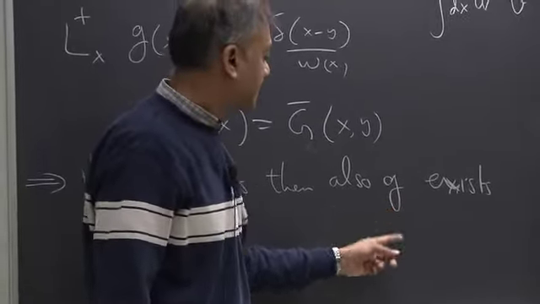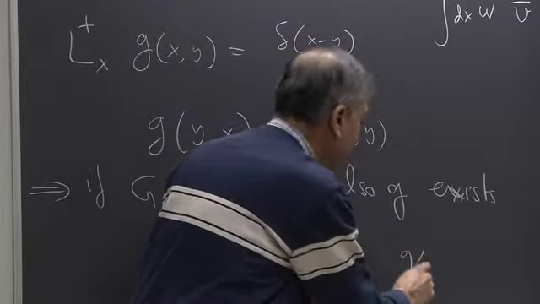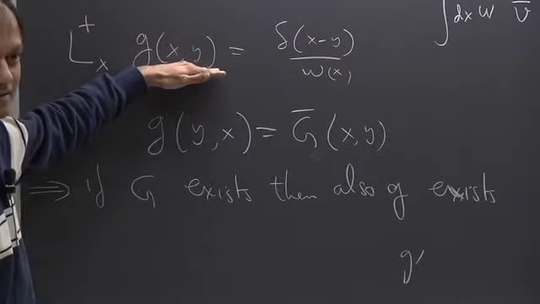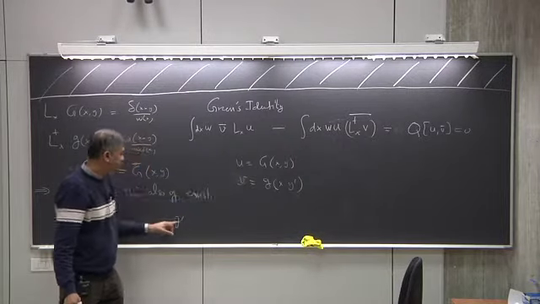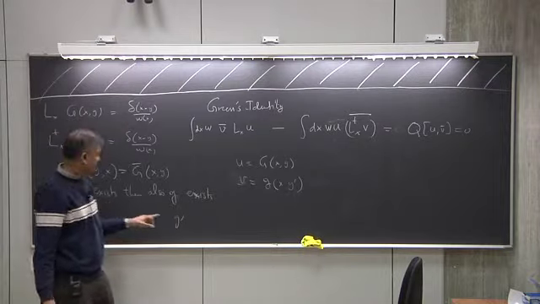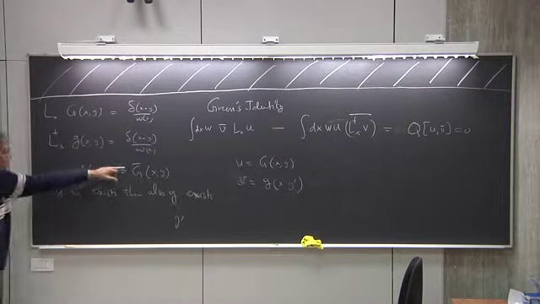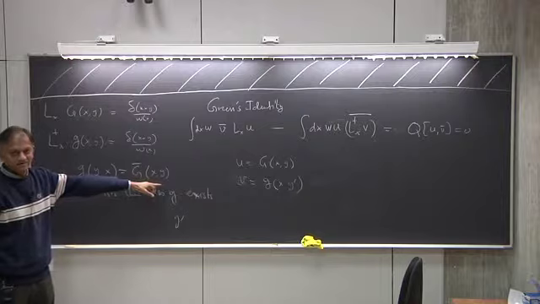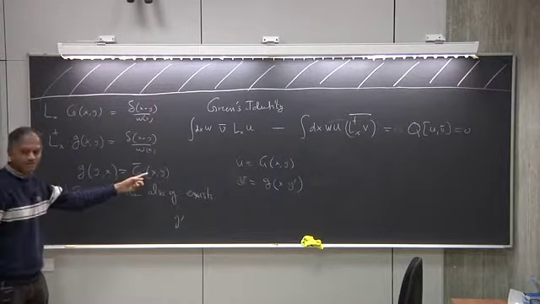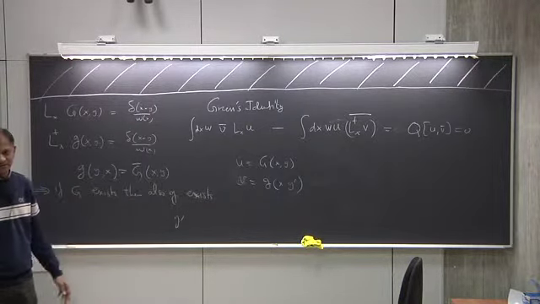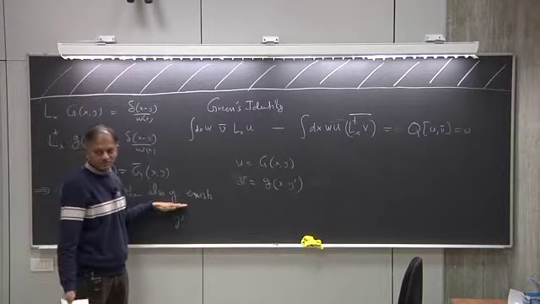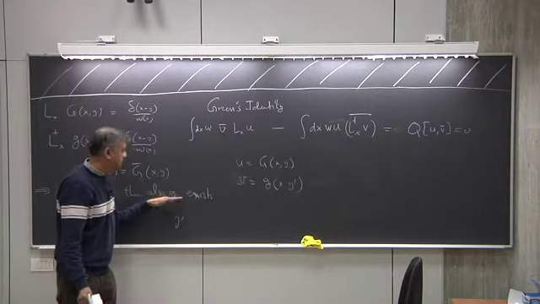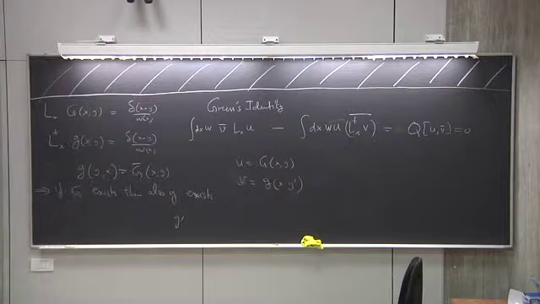Because if there was another, let's say g prime, which also solves this equation, I could choose v equal to small g prime, and then you get the relation small g prime of y,x equal to g bar of x,y. Also small g equals the same thing, so small g is equal to small g prime. So this gives a very strong relation: if capital G exists, it is unique, and vice versa, if small g exists, capital G exists and is unique.